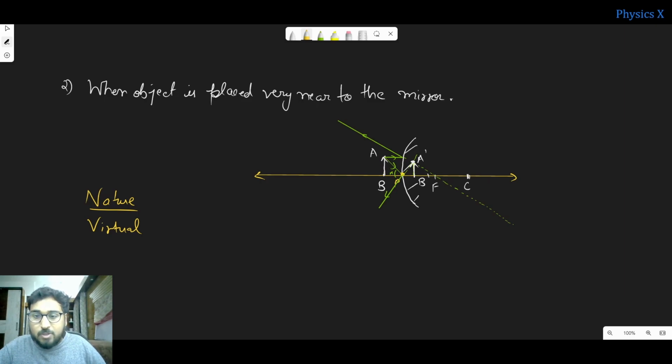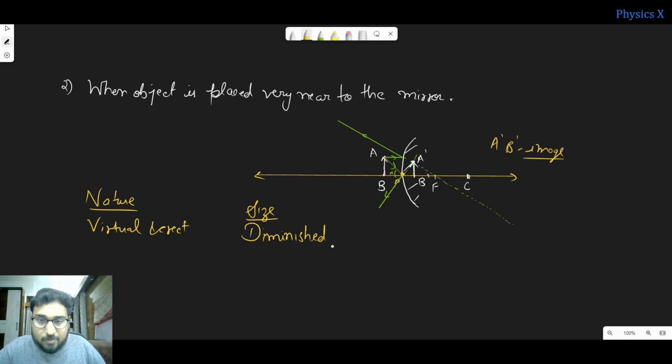Both the object and image are in the upright position, so I will say virtual and direct. A'B' is the image, and I can see that the image size has somewhat decreased, so I will tell that the image is now diminished.